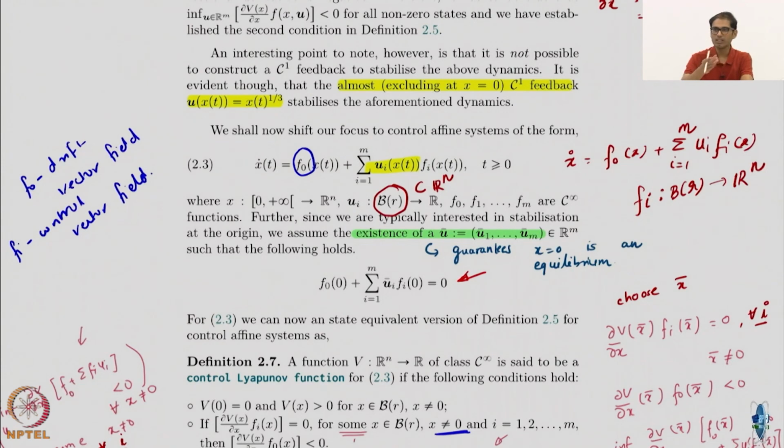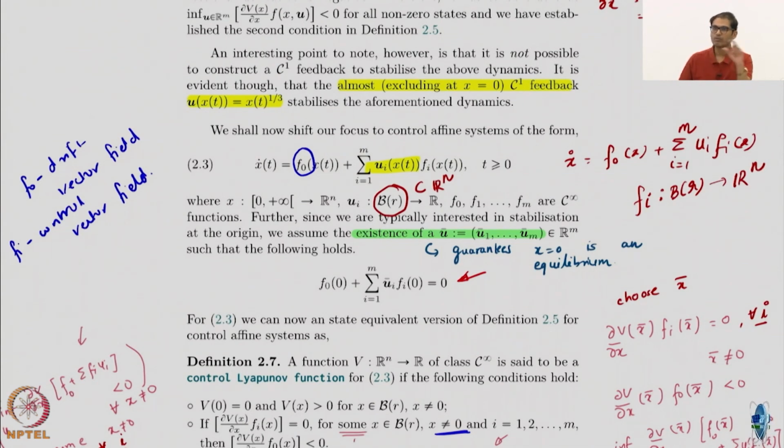This is what helps you talk about controllability and observability. For example, if f0 and all the fi's are such that the last 3 components are always 0, then obviously I can't make any movement in the last 3 directions.